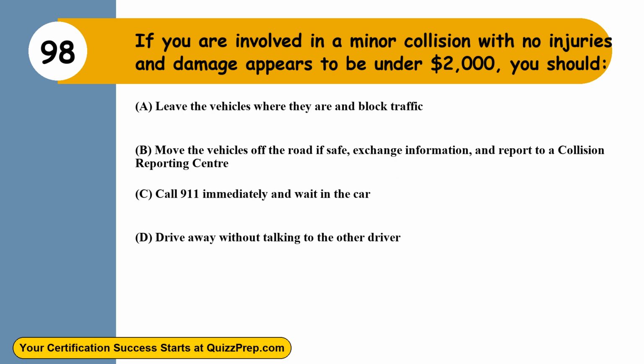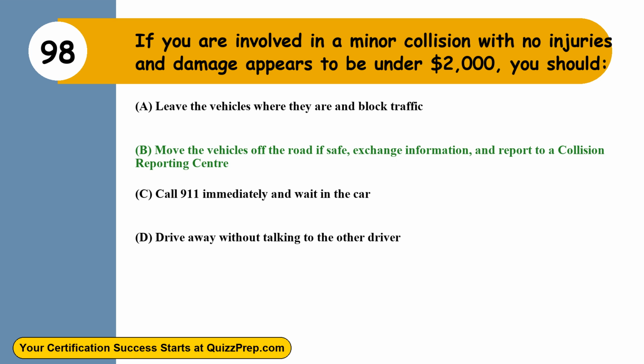Question 98. If you are involved in a minor collision with no injuries and damage appears to be under 2,000, you should: Option A. Leave the vehicles where they are and block traffic. Option B. Move the vehicles off the road if safe, exchange information, and report to a collision reporting center. Option C. Call 911 immediately and wait in the car. Option D. Drive away without talking to the other driver.